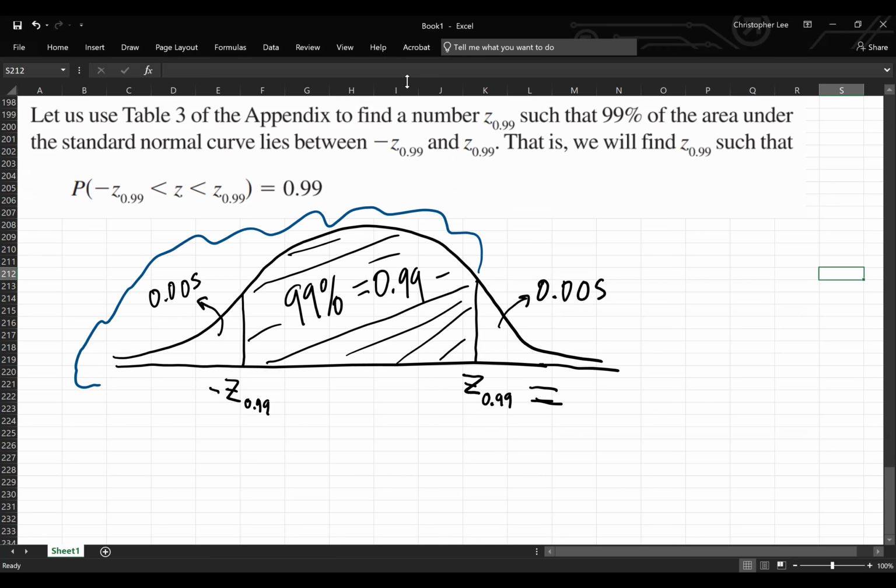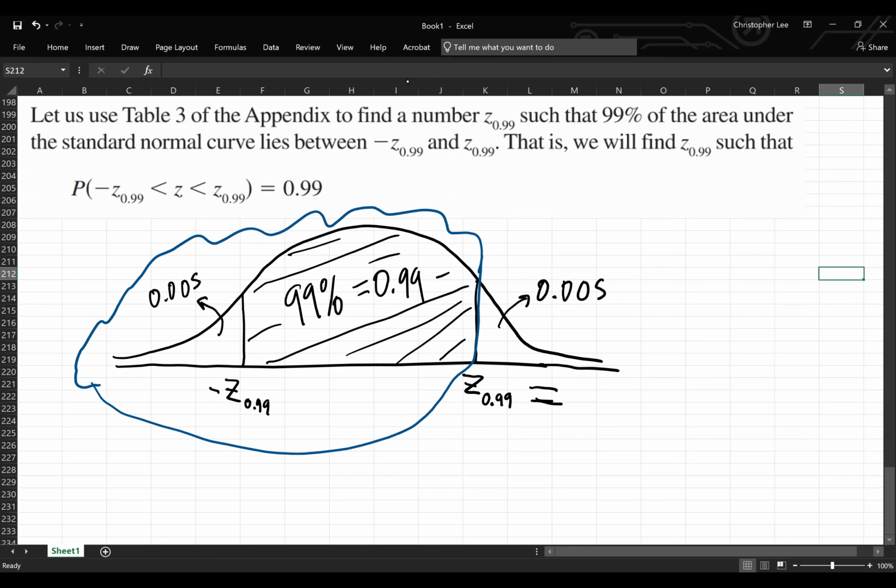But before I can use the formula sheet, what am I looking for? That's my question. What's the probability I'm looking for from this picture? 0.99 is part of it, but what am I looking for? I want to know what is this in the blue circle.